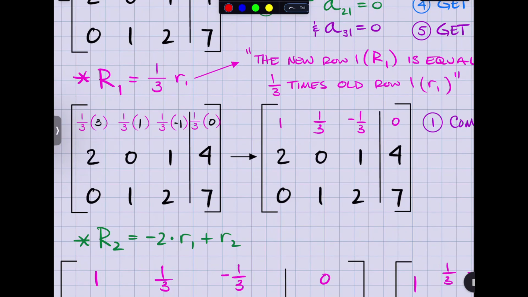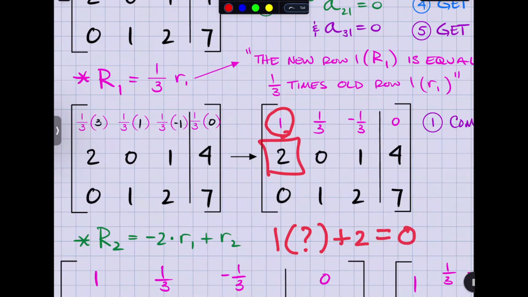So let me write this out. This 1 times what, question mark, plus 2, this 2 here, would equal to 0. It would be negative 2. Make sense? Okay. Yes?